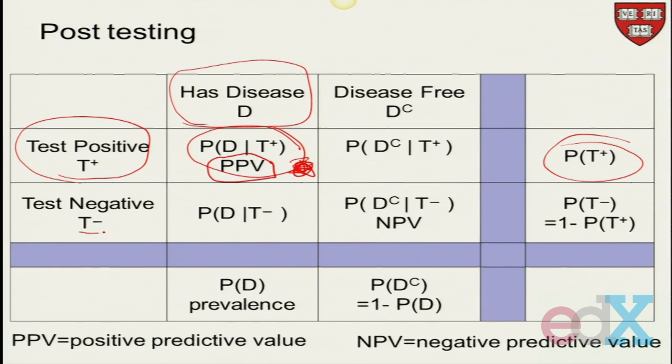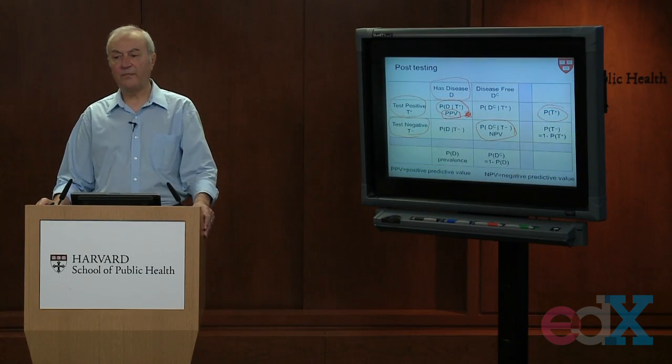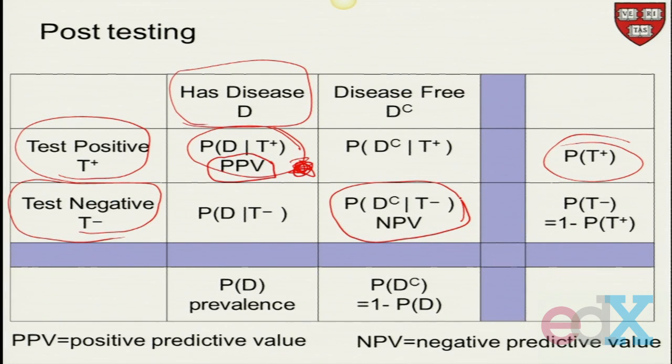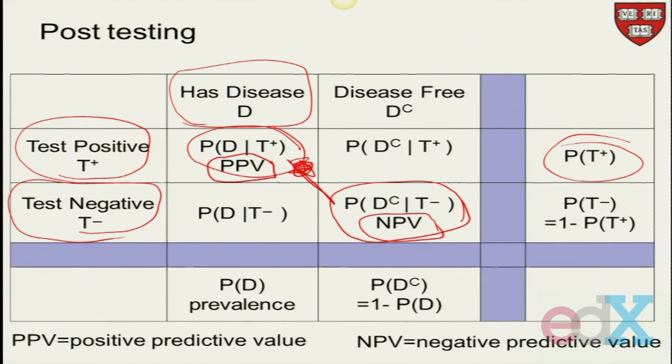What about those who test negative? They are these guys. What's the probability of not having the disease given that you've tested negative? That's the negative predictive value. So that's these guys. Okay? And as always, the stuff on the main diagonal is the important stuff, and so we've even given it a name.